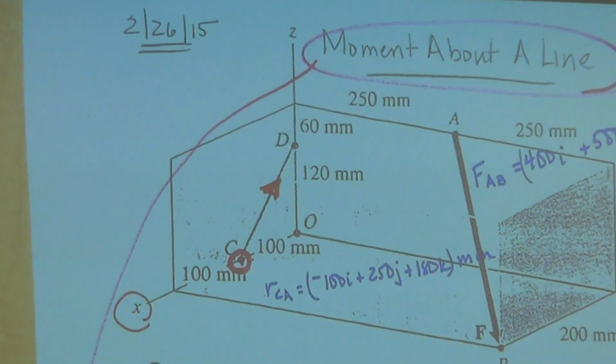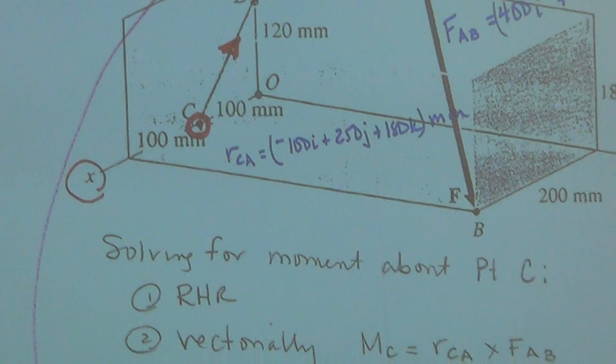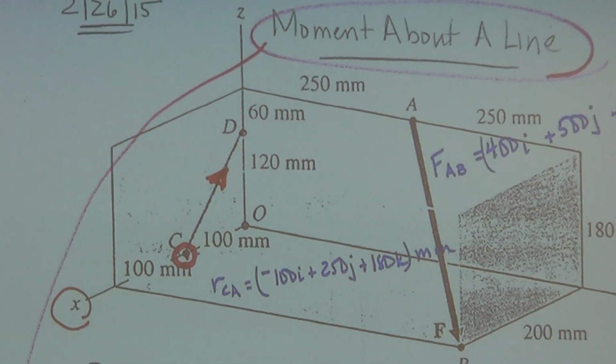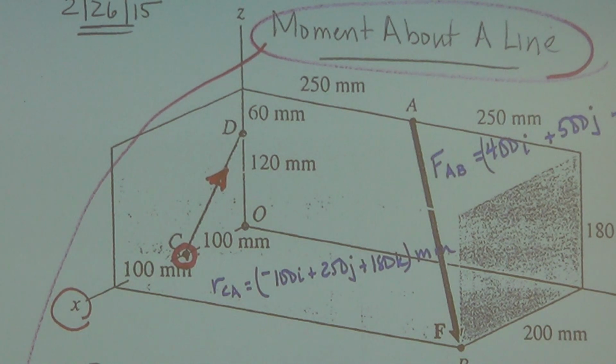If they were parallel, they would have to have the same unit vector, because the unit vector controls the direction. CD has no y component, but AB has a y component.